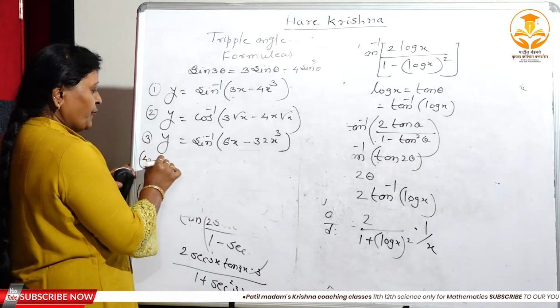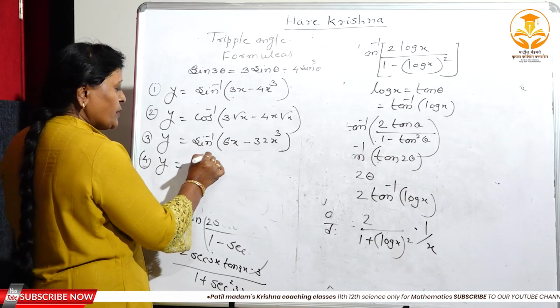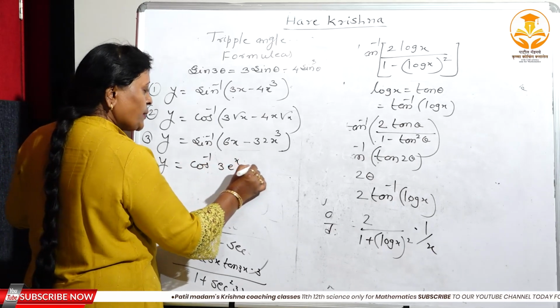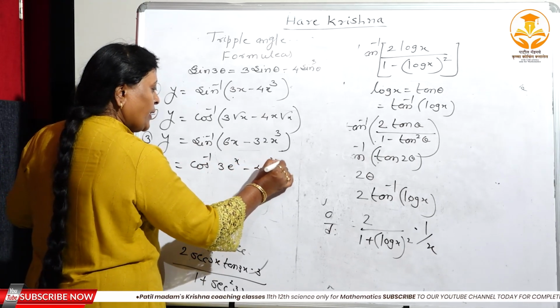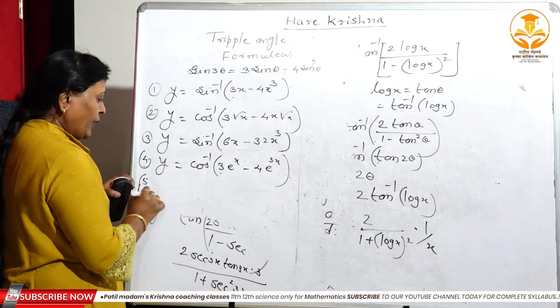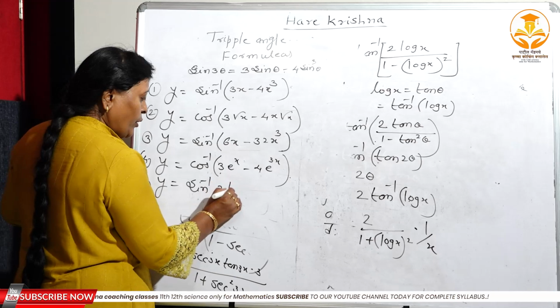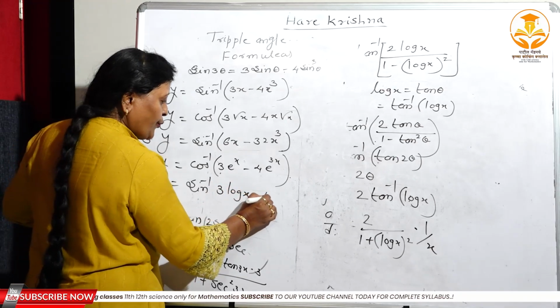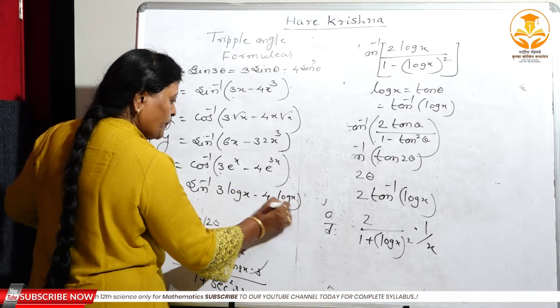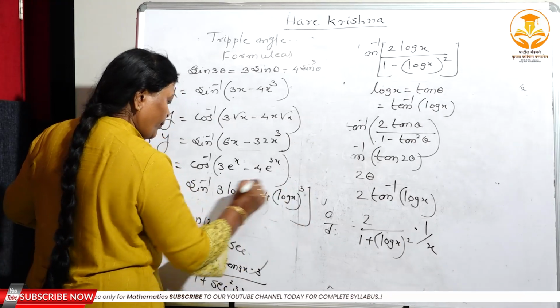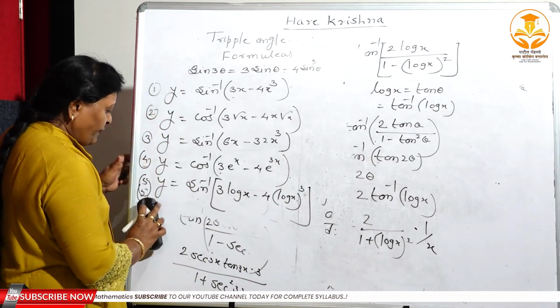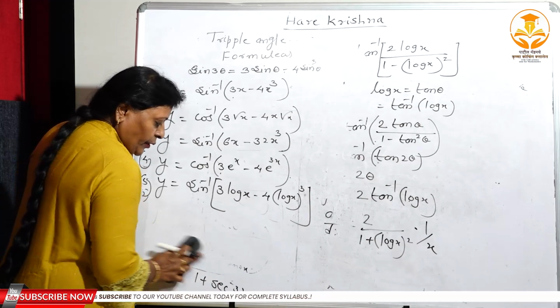Again fourth one, y is equal to cos inverse of 3 e raised to x minus 4 e raised to 3x. And the fifth one, sin inverse of 3 log x minus 4 log x whole cube, right? Again the 5 problems we have to take.